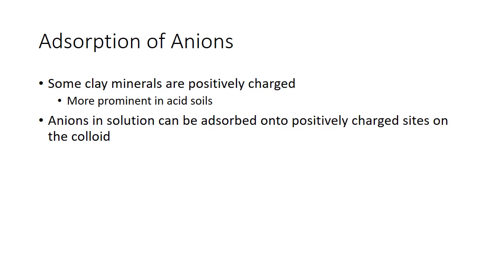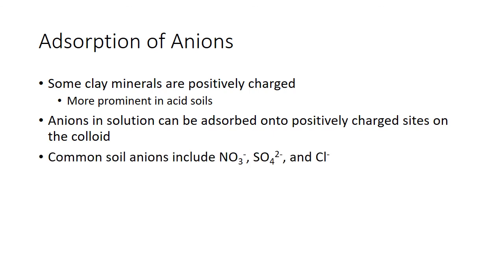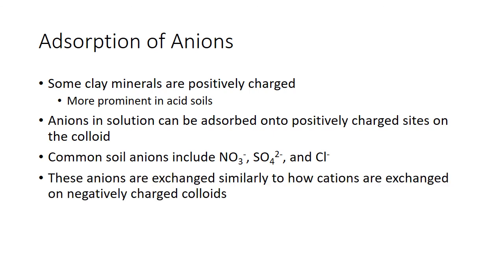And these anions can be absorbed onto the positively charged sites on the colloid, just like in a similar fashion to how cations are absorbed onto the negative sites. Our common soil anions are nitrate, sulfate, and chlorine. There are other anions present, but those three are the most common ones. And again, these are exchanged similarly to how cations are exchanged.